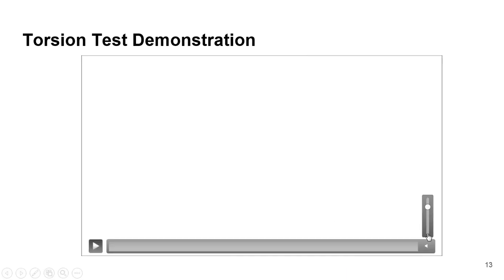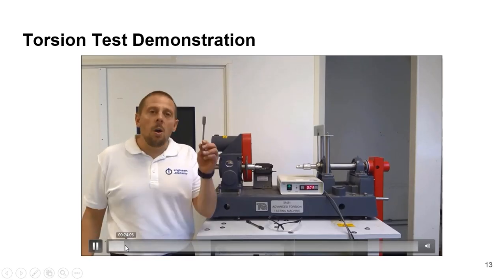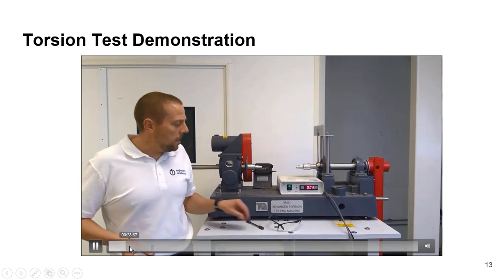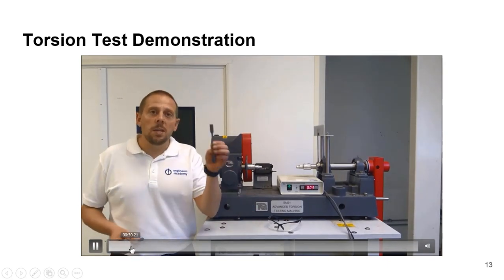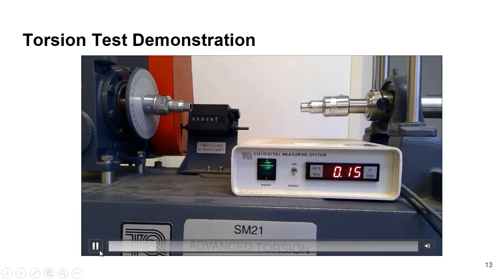Now we'll see the torsion test. In the torsion test setup you can see the sample is first fixed between the holders, and here you can see the two measurement devices.